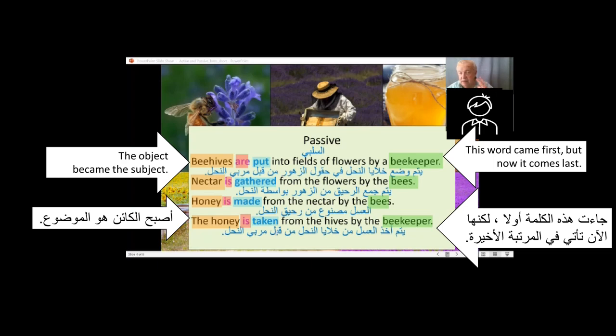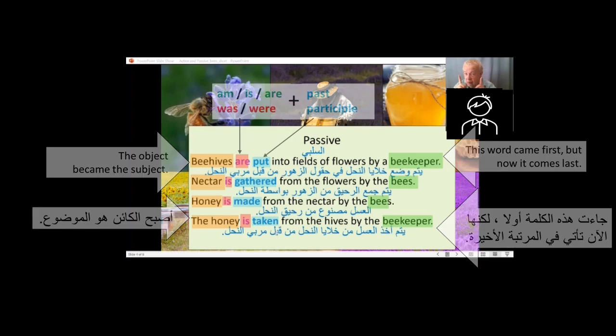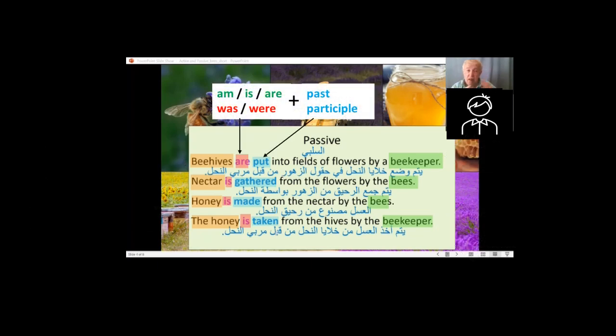Now, in the passive, there's two pieces to the verb, two parts. The first one is either going to be am, is, are, was, were. It can be in the past too. And then the second part, put, gathered, made, taken, that's what we call the past participle. Now, when you learn verbs, you learn three pieces.